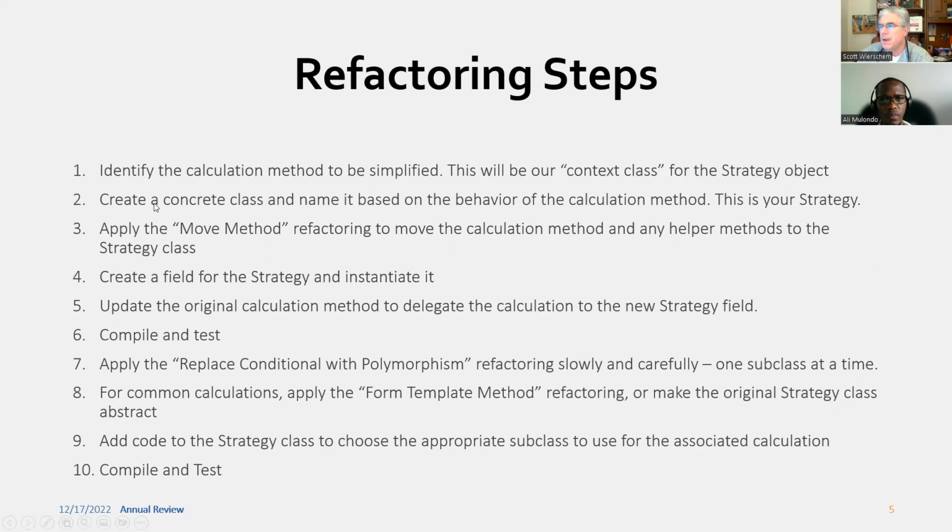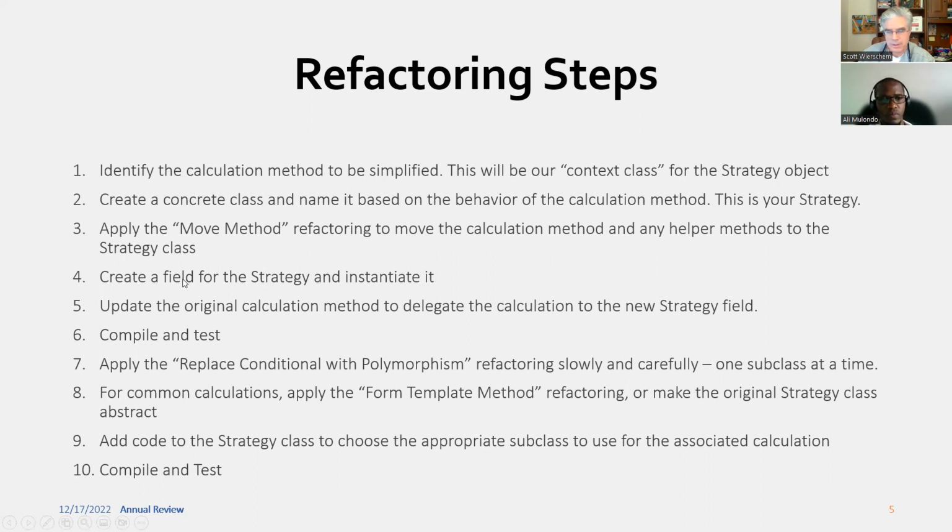Then we create the concrete class, which is what I was just showing you. We name it based on the behavior of whatever method you're using to do the calculation. That's going to be your strategy. Then you do the move method refactoring, where you basically take the method out of the original class and move it into this new context class, and whatever helper methods and variables that it's going to need.